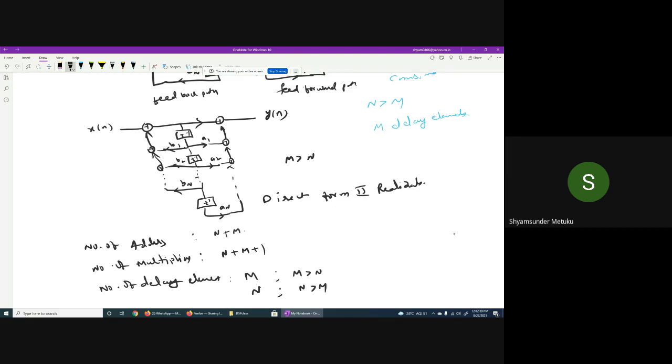Same. Yes or no? I just told you yesterday, you can go through it, how many adders and all. You can see for b1, 2 adders, b2, 3 adders, up to bn.